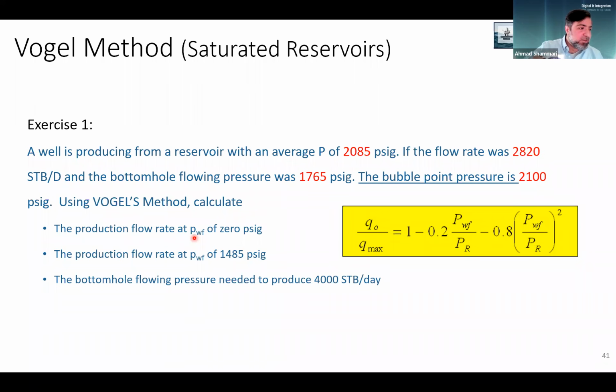I'm expecting answers on the chat. Yes. 2820 is no. 2820 is the flow rate at this flowing bottom pressure. I'm talking about 0 flowing bottom pressure.